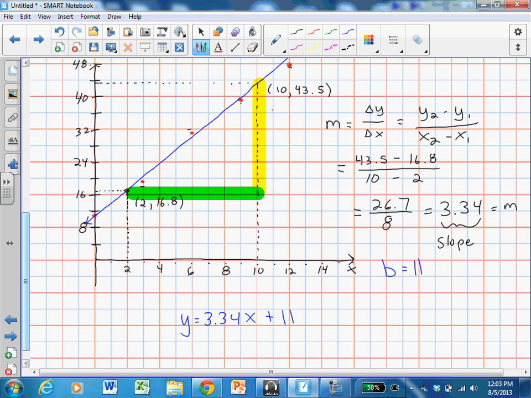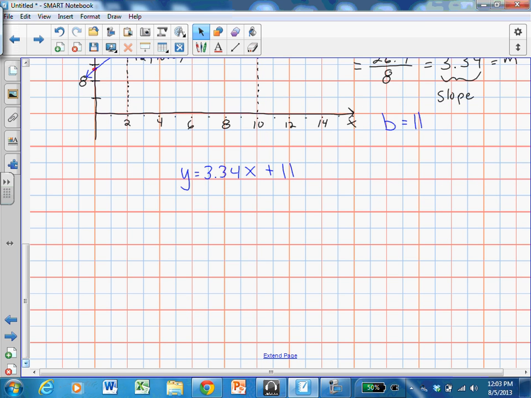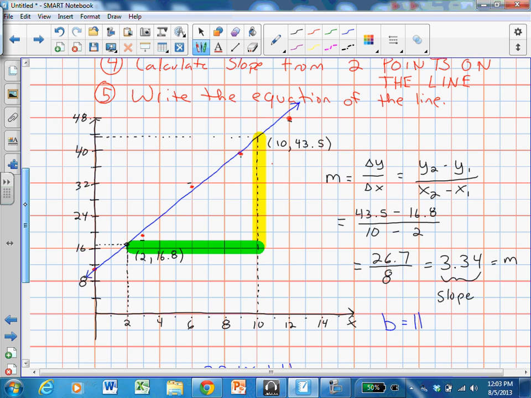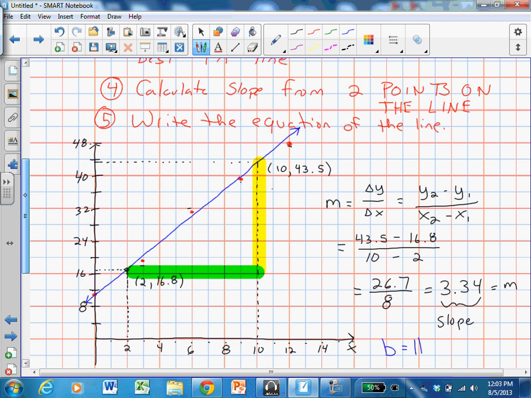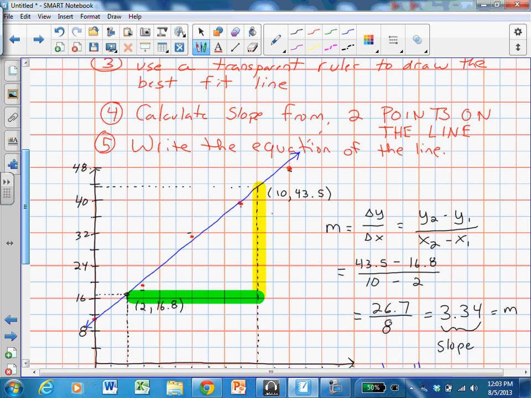So we could now extrapolate using our formula. For example, if we wanted to go out and look at what it would be at, say, an x value of 20. So we would be going out, use a different color, out into this range, extrapolation. We could extrapolate to x equals 20.